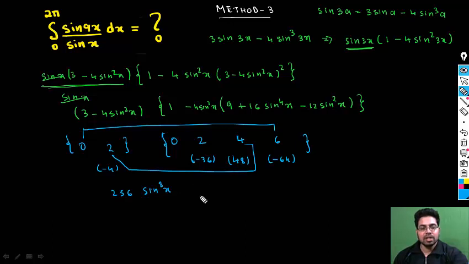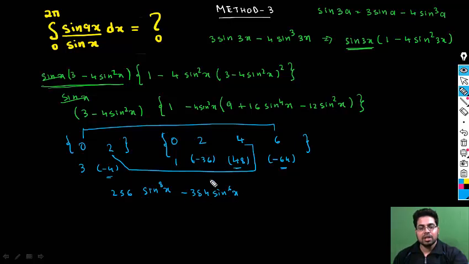That means 48 into minus 4, which is minus 192, and this minus 64 into 3, again minus 192, that means minus 384 sine to the power 6x.